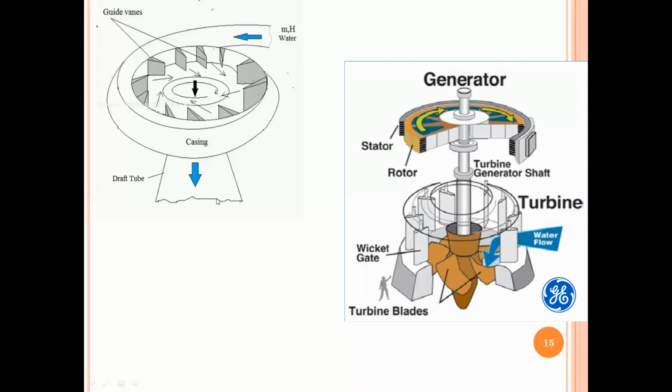The increasing area is given so that your velocity is reducing and you are converting the velocity to pressure. And here, if you see, this part is called a boss. Okay, hub or boss is a typical name given to your Kaplan turbine. And here also your shaft is a vertical axis shaft.